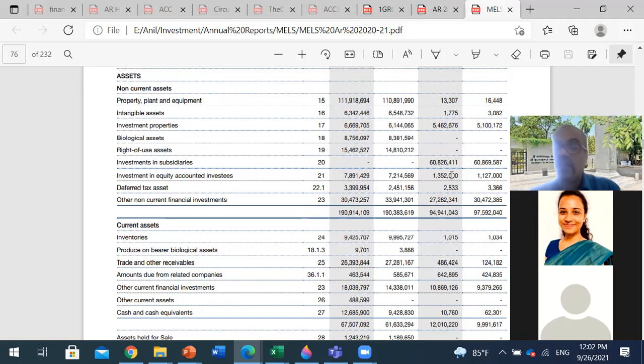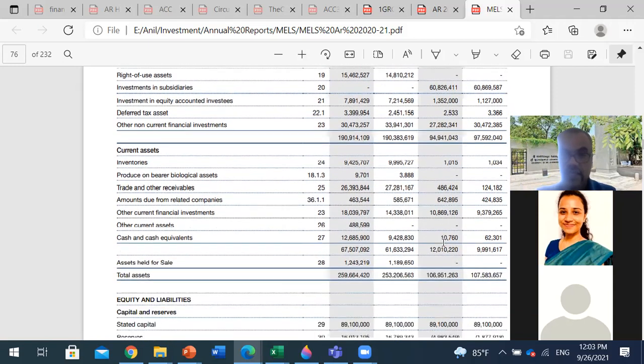So there is no harm in taking such assets as operating assets, not financial assets. Right-of-use assets, operating. Biological assets, investment properties, just rent income and all, that is you control your operating asset. Intangible assets, property, plant. So except this item, the rest are operating.